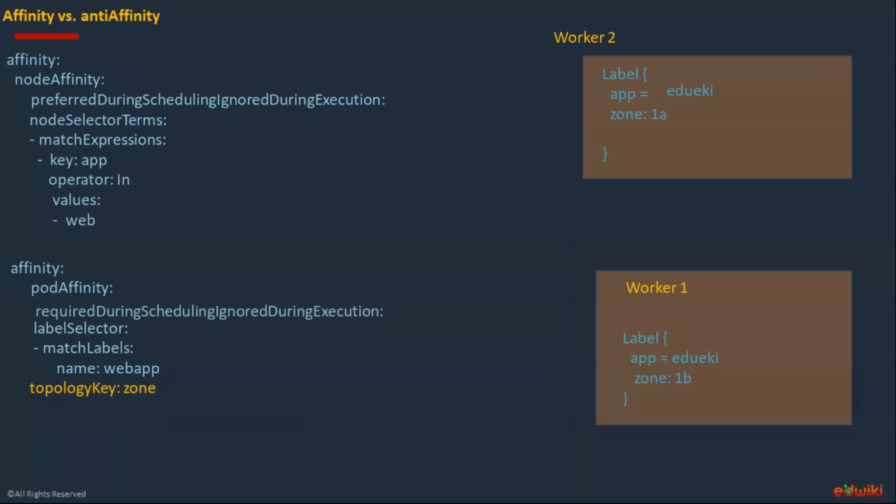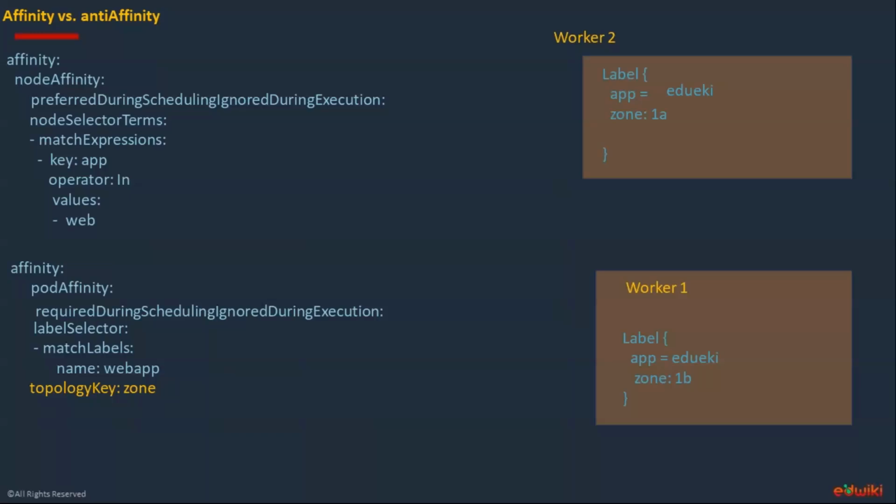In the pod affinity as well, you can say required during scheduling, ignore during execution. That means when it is trying to deploy the pod, it must follow these conditions. That is what is called required during scheduling. The condition says, when you are trying to deploy the pod, please check for the existing pods.